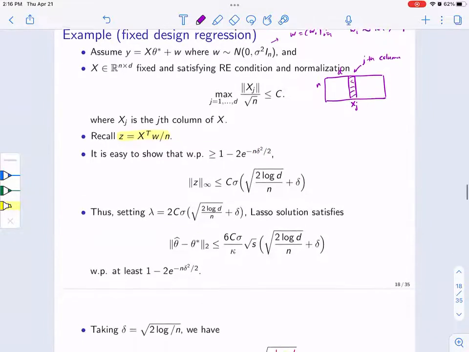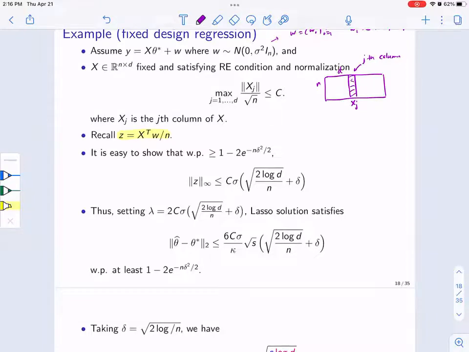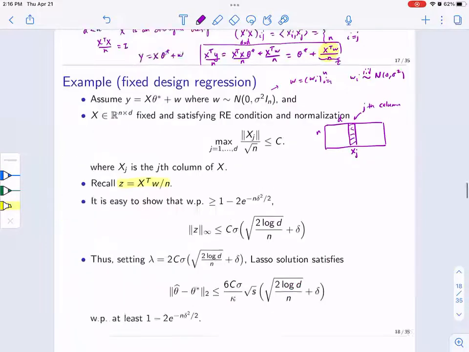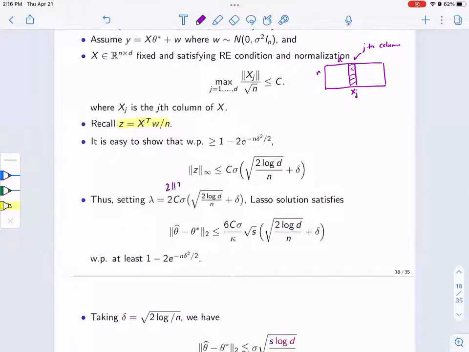Okay, so if I plug in the optimal value, lambda equal to Z infinity, oh, actually, I don't have to, but if I let lambda be twice this, then I satisfy the condition, right? Because this is an upper bound. If I let lambda be twice, that's exactly this guy.